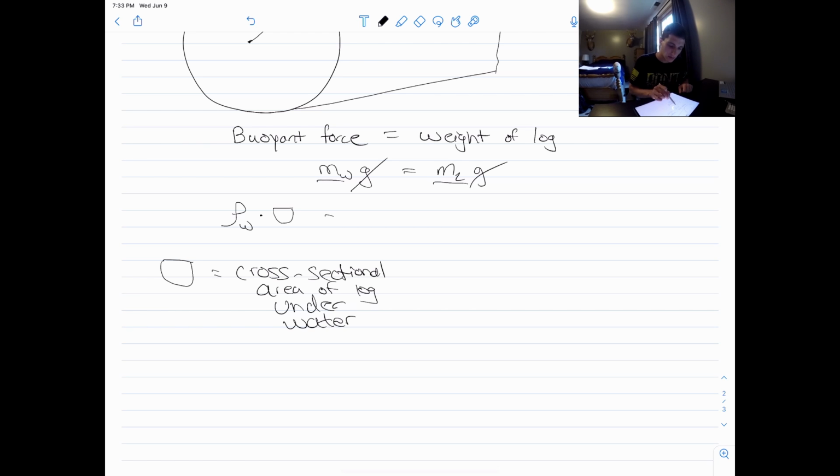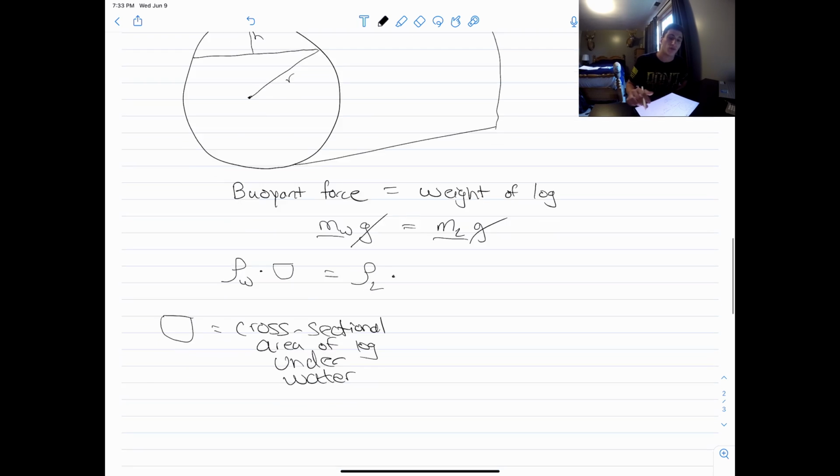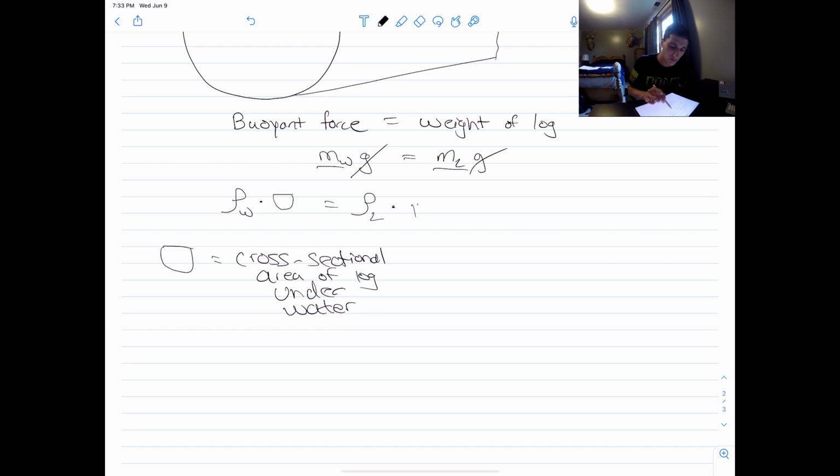And then that is equal to the density of the log, which is what we're ultimately trying to find, multiplied by the entire cross-sectional area of the log, which in this case is a perfect circle. So that would just be pi r squared.